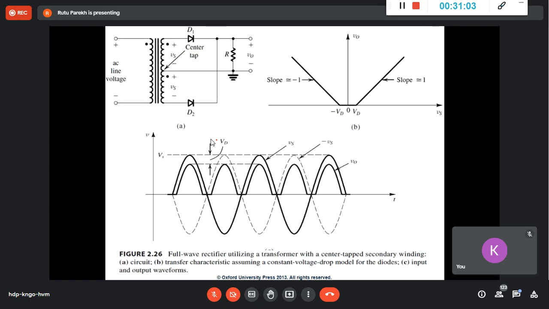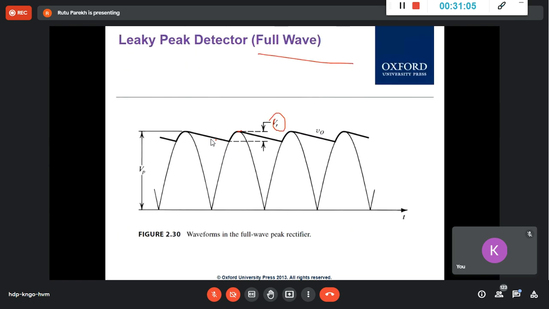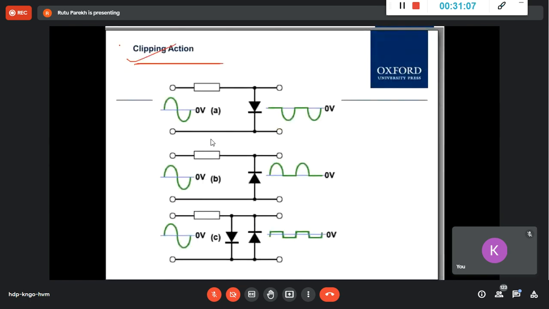Okay, so clipping action is one thing to protect your circuit. The other is to generate a waveform of the required shape. For some applications, you may need a rectangular wave. When you are doing your simulation, you can select and give a rectangular wave, a sine wave, or a triangular wave. So how do you get those shapes?